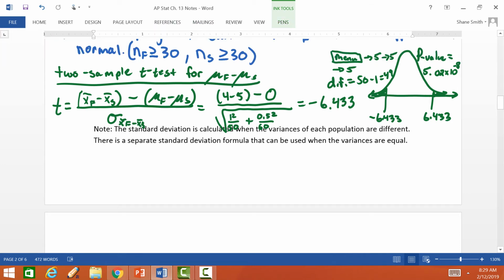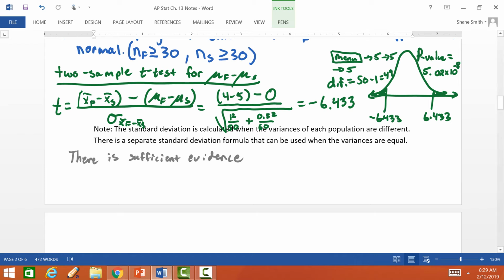So that is obviously a very, very small p-value. So we're going to say there is sufficient evidence. And if we go back to the problem, it just says let's do a hypothesis test to figure out if the time freshmen and seniors spend on homework is different.